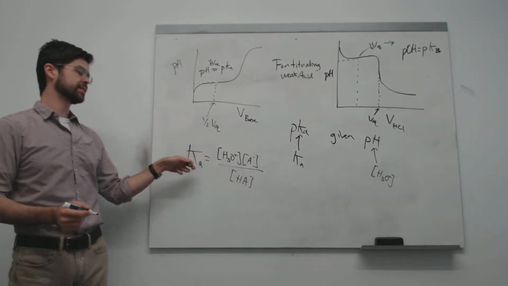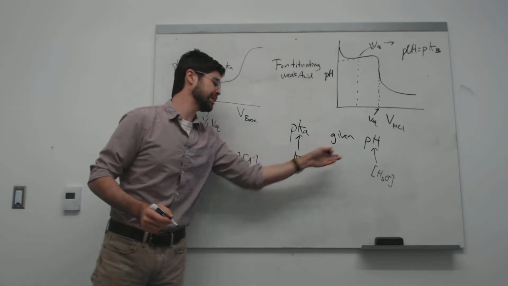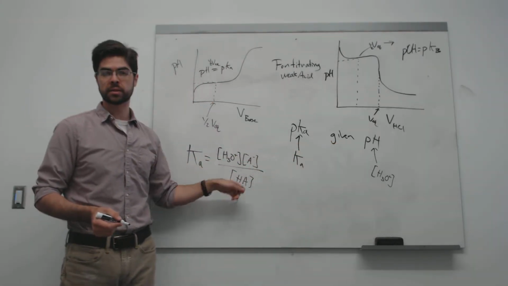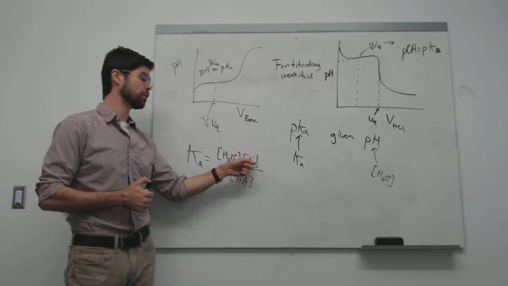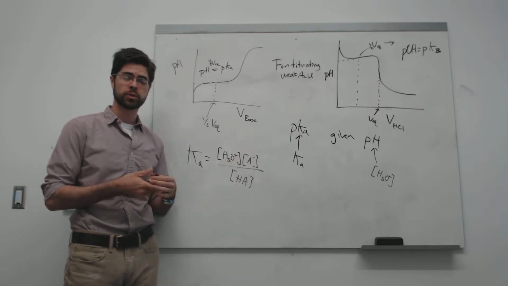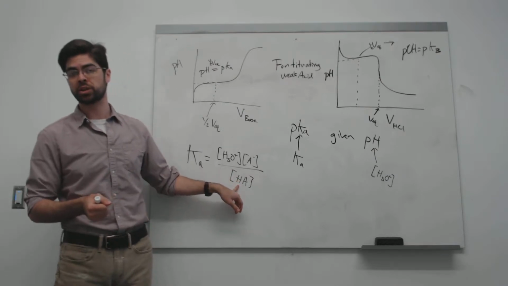So to calculate Ka or to calculate pKa given the pH or the hydronium concentration, you also need to know these concentrations. So if you were dealing with a buffer, you'd need to know, okay, what's the proportion of conjugate base to weak acid? If you were dealing with just a pure acid, you'd want to know, okay, what's the concentration of the weak acid?